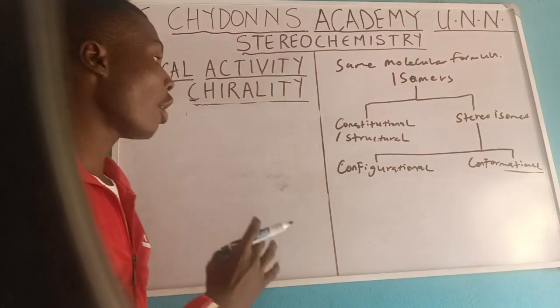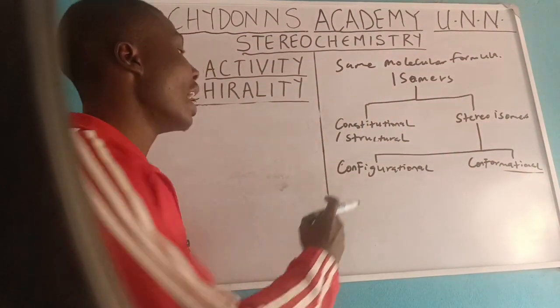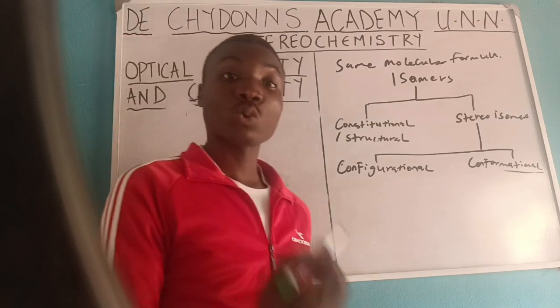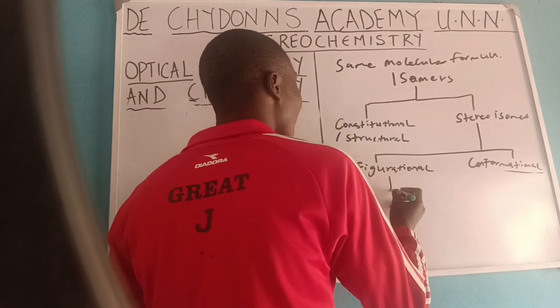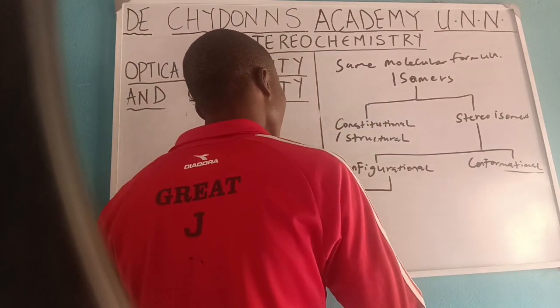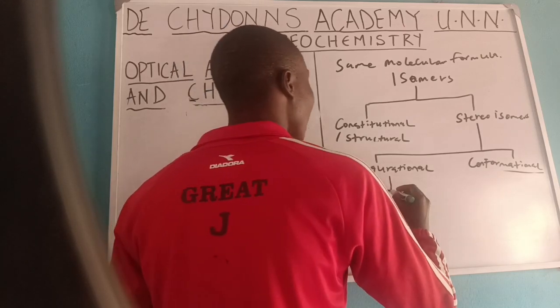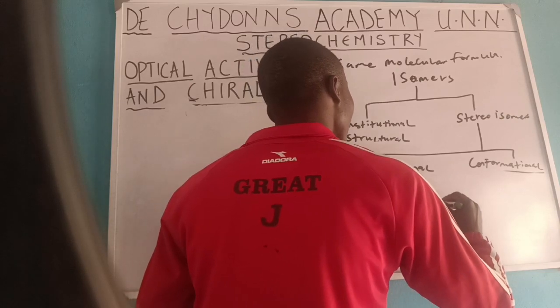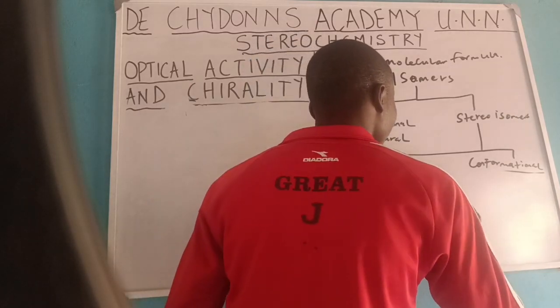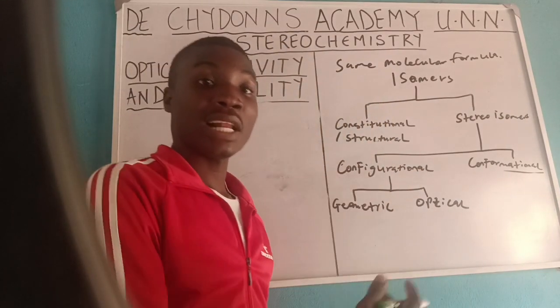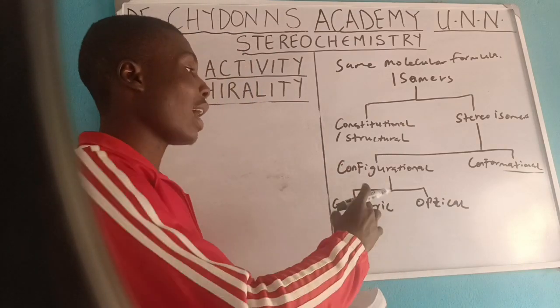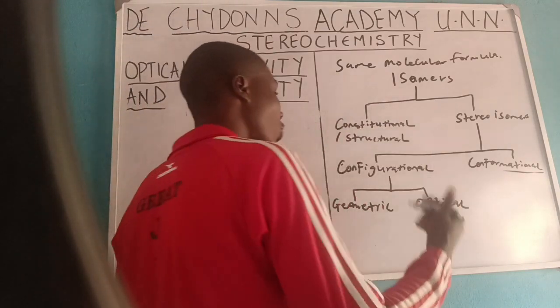The configurational isomers are also divided into 2 categories: we have the geometric isomers, and then we have the optical isomers. All of these things you are going to be understanding as the lecture progresses because they are quite deep.